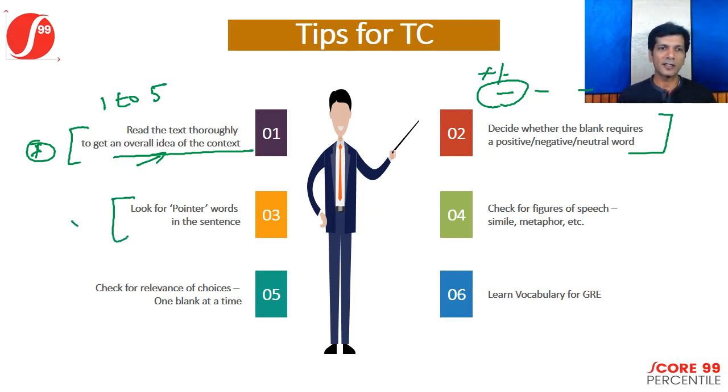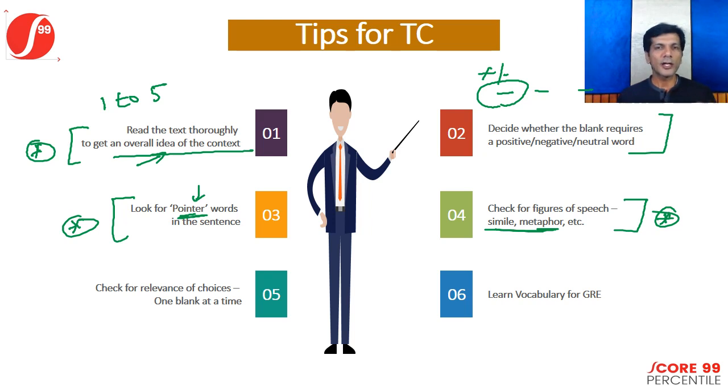Point number 3. This is again common to both text completion and sentence equivalence. Look for pointer words, indicators that will help you understand what the sentence means or what the text means. Another important point is text completion can be a little trickier than sentence equivalence in the sense that text completion can actually use figures of speech like similes and metaphors and these kinds of examples.